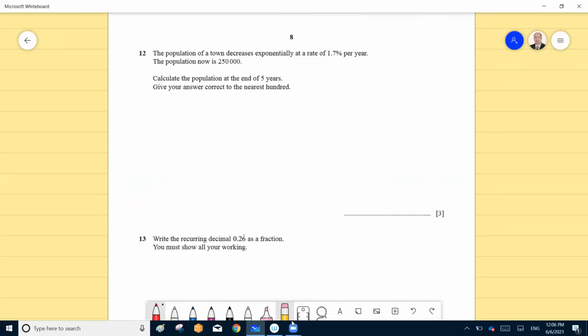So the population is the initial amount, 250,000, times (1 minus 1.7 over 100), which is 1.7%, all to the power of the number of years, 5. So use this formula and calculate your answer for question number 12.